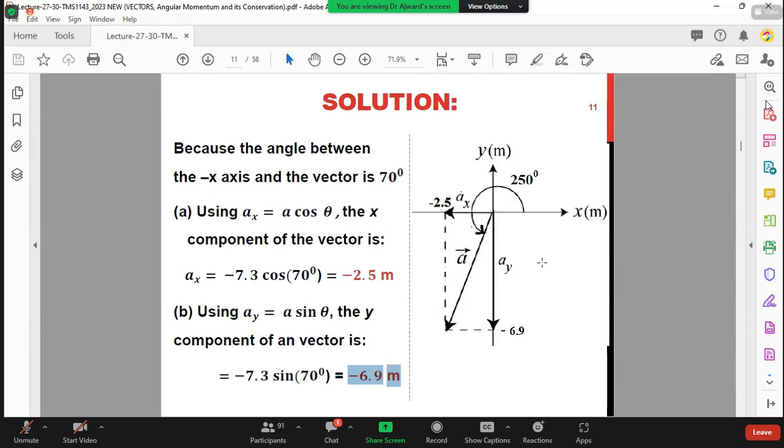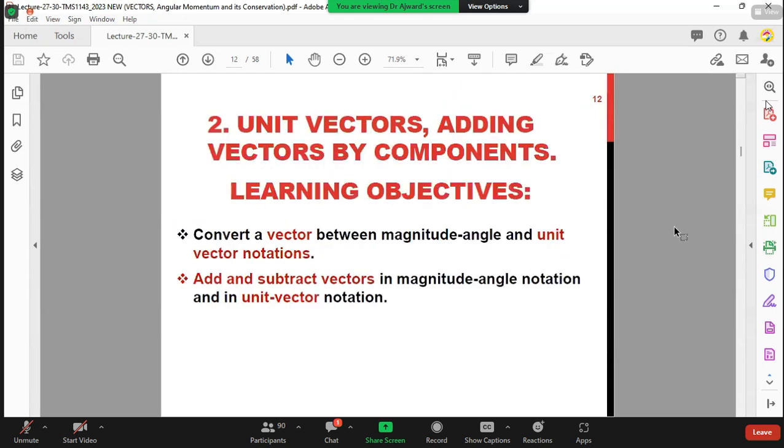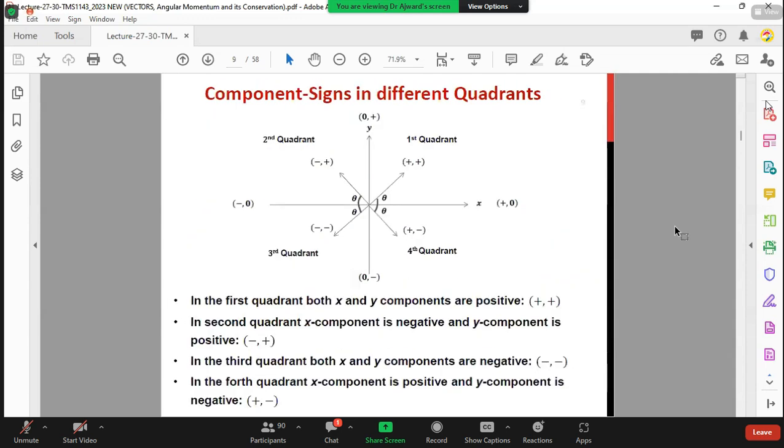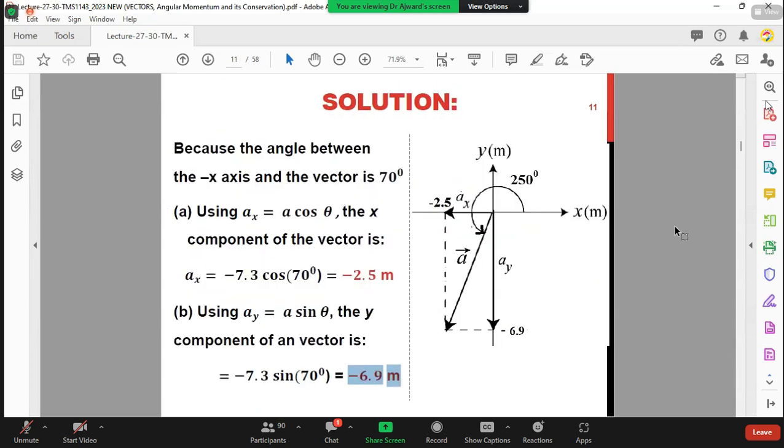And maybe I'll do the tutorial as soon as I finish these parts of the lecture. This week I'm not sure I can do it, but maybe I can give part of it so you can start working. Next, we have done vectors and components, how to find the components, and if you know the components, how to find the length of the vector, that is the magnitude, and the angle theta.